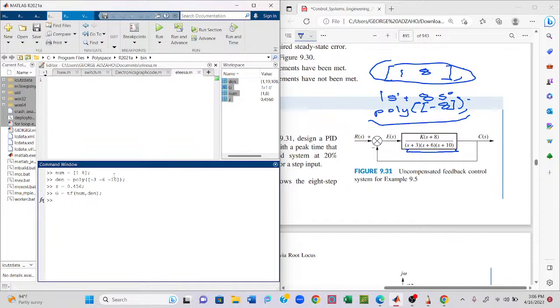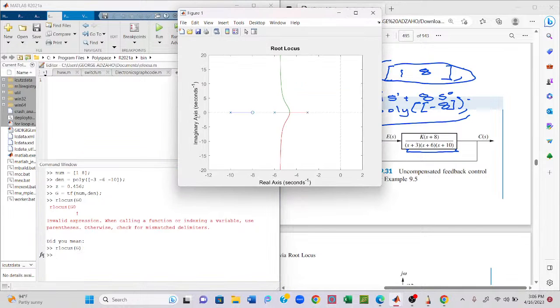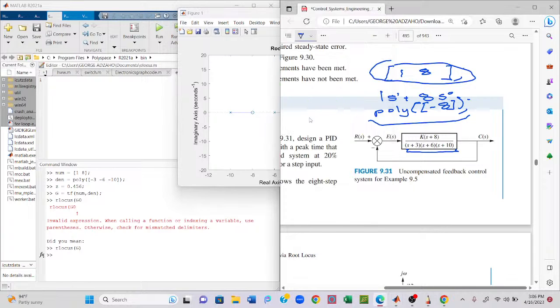Now you need to plot the root locus: rlocus of gen. I made a mistake, rlocus of gen. So this is the root locus of this.